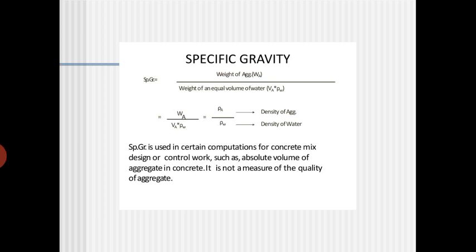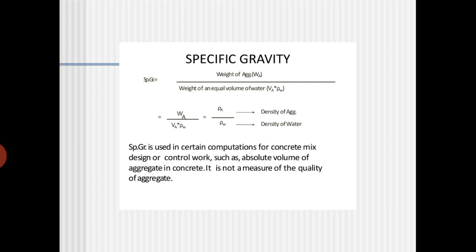In the case of the specific gravity of water, or the specific gravity of petrol, how are we going to measure it? Normally you start with the specific gravity of water. That can be calculated as the density of the fluid which you are measuring divided by the density of the standard fluid. The standard fluid we will consider as water only.